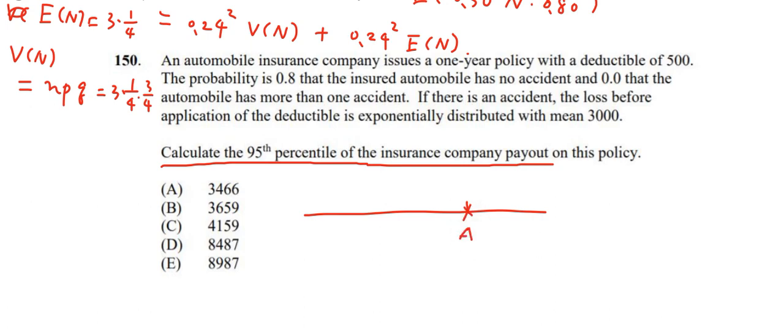Suppose this is A, such that the probability for payment less than A is 95%. So we want to find this cutoff point A.